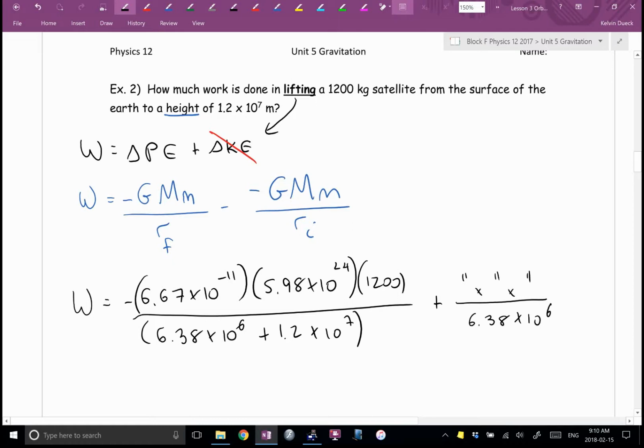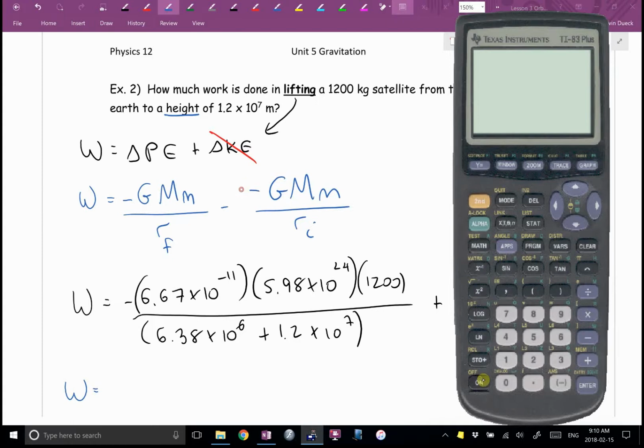Get your calculators out. I'll clear my screen.